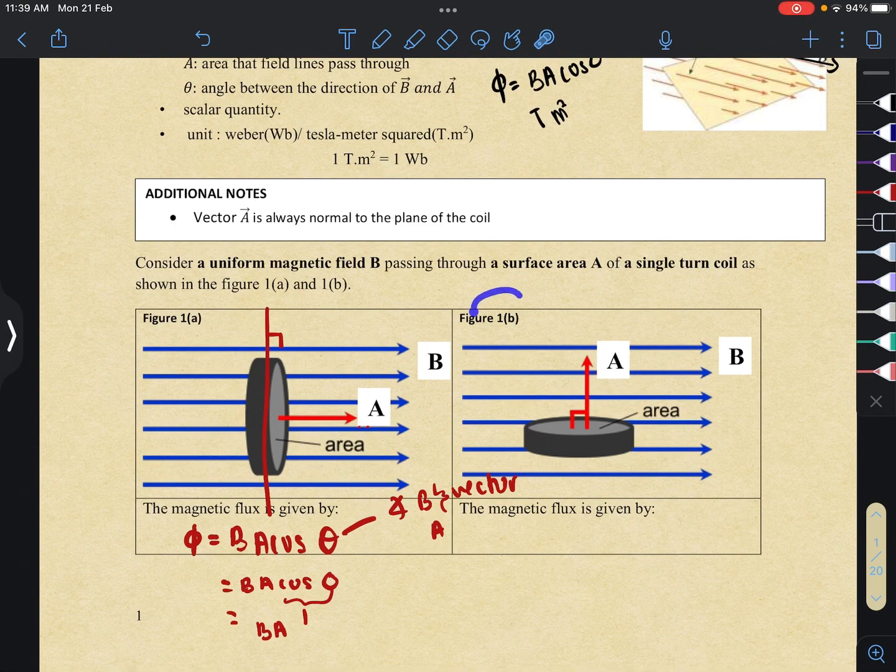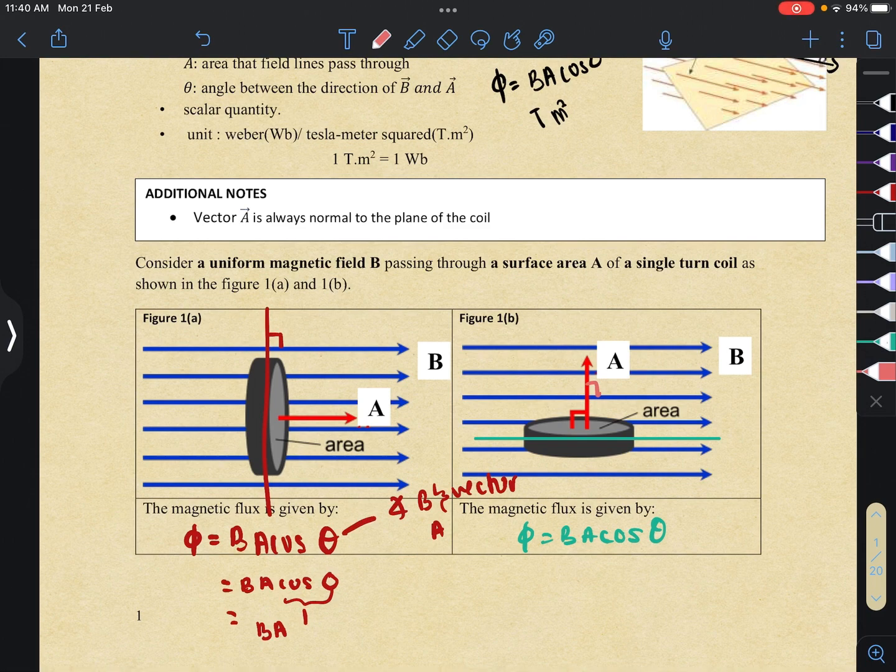Whereas for figure 1b, we have the magnetic field to the right and our plane here is now parallel to B. However, the flux here is BA cos theta. Theta is the angle between B and vector A. Vector A is perpendicular to the plane, and in this case it is perpendicular to B. They are 90 degrees to each other.